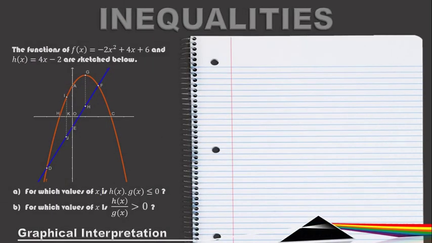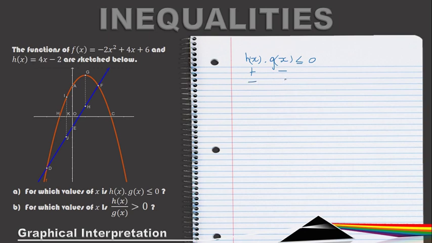Now, for which values of x is h(x) times g(x) less than 0? For this question, if I have h(x) multiplied by g(x), and I want it to be less than 0, or if I want it to be negative, it means one of these functions needs to be positive and the other one negative.